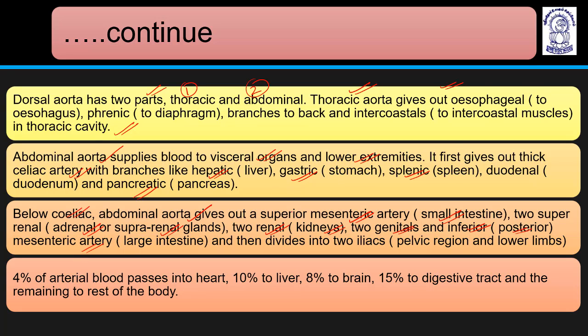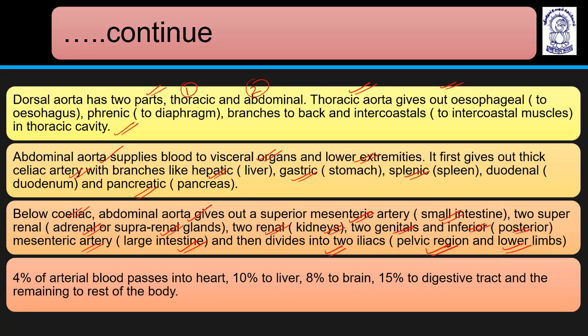The inferior mesenteric artery supplies to large intestine, and then it divides into two iliac arteries. These iliac arteries supply to pelvic region or lower limbs.